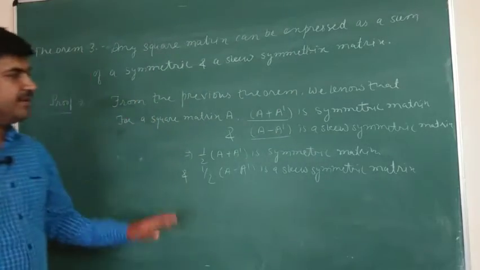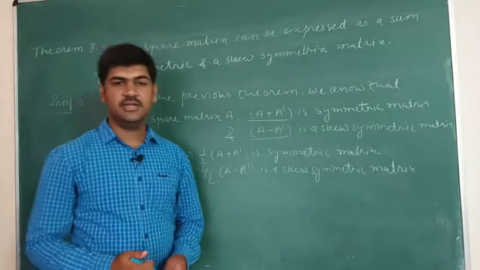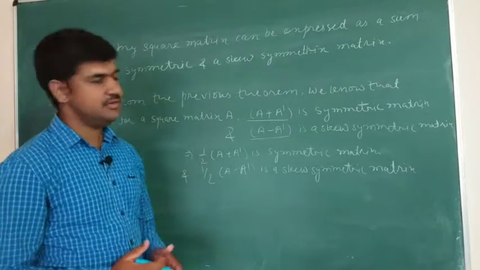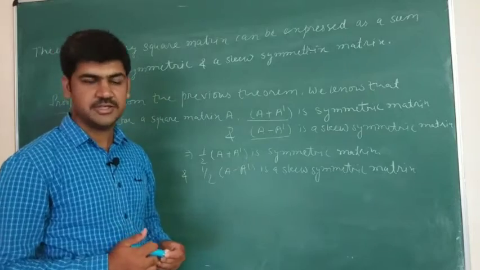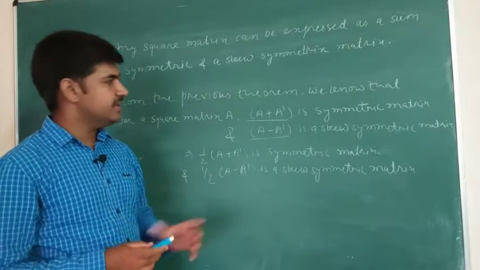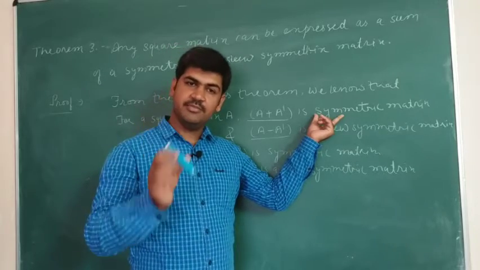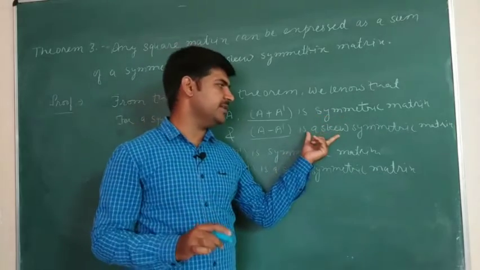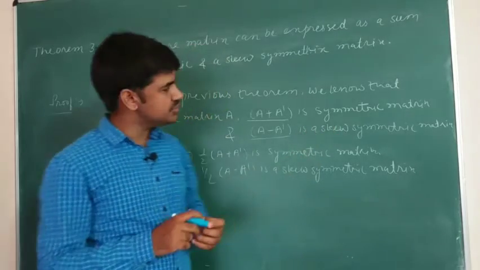Dear students, if we multiply a square matrix by a scalar, it does not change from symmetric to any other matrix or skew symmetric to any other matrix. If we multiply a symmetric matrix by a scalar, it will remain symmetric only, and if we multiply a skew symmetric matrix by a scalar, it will remain skew symmetric only.